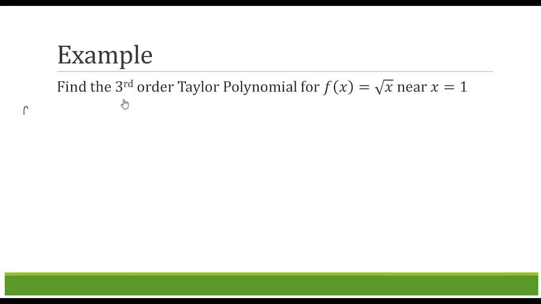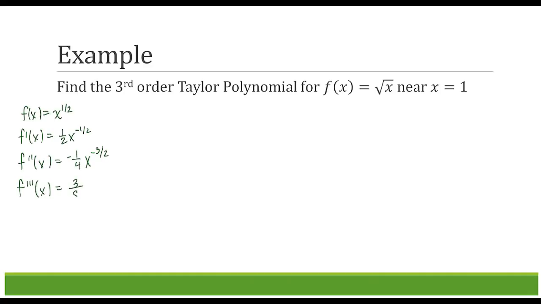So we'll start by writing f of x is x to the 1/2, so its derivative is 1/2 x to the negative 1/2. The second derivative is going to be negative 1/4 x to the negative 3/2. And the third derivative is going to be positive 3/8 x to the negative 5/2. So we're just applying the power rule.